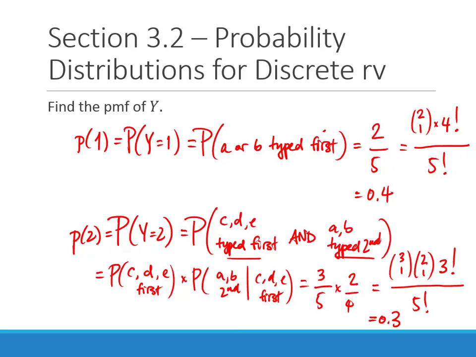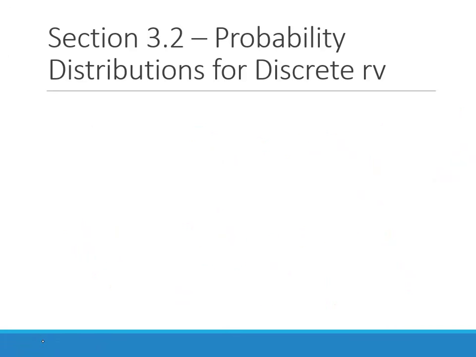Okay, everybody with me here? So we have P of 1, we have P of 2, and we have two more to go. We start moving a little more quickly. So P of 3 is just the probability that y equals 3. For y to be 3, I'm going to skip writing out so much here. I need the first element to be C, D, or E, and I need the second element to be one of those others that I didn't choose in the first one.